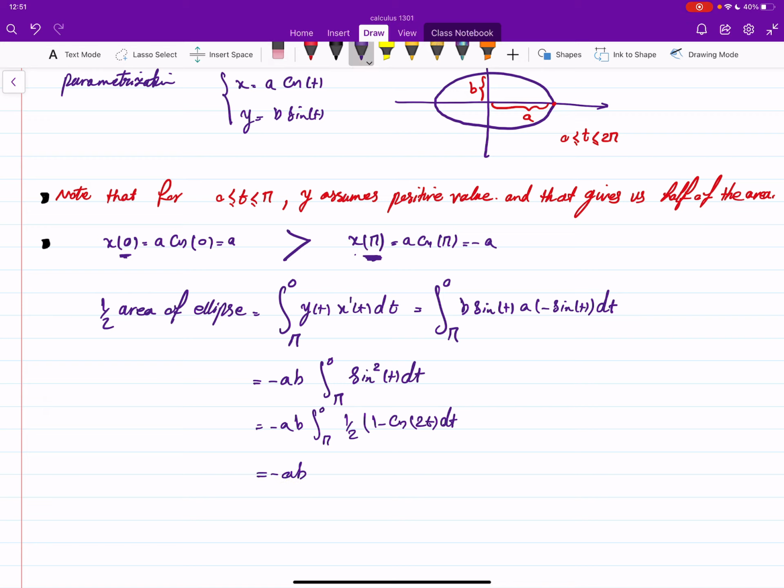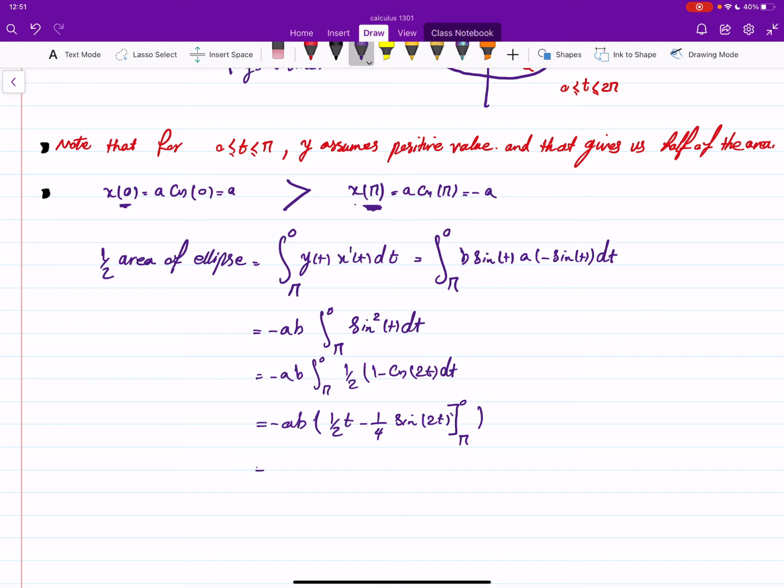Minus ab, well, find antiderivatives: half of t minus 1 over 4 sine of 2t. And this is going from pi to 0.